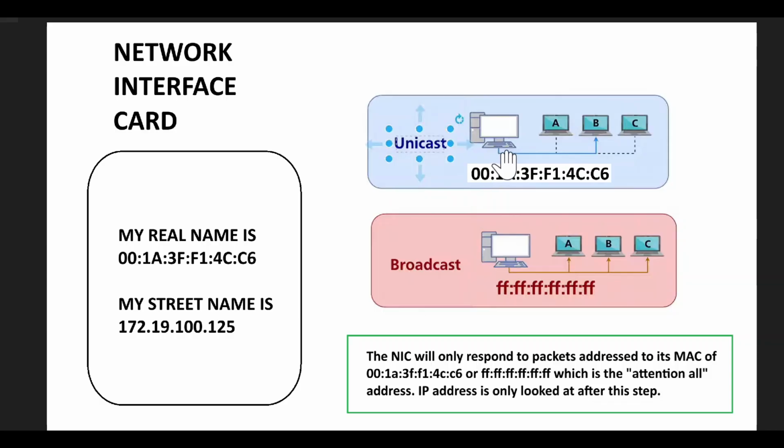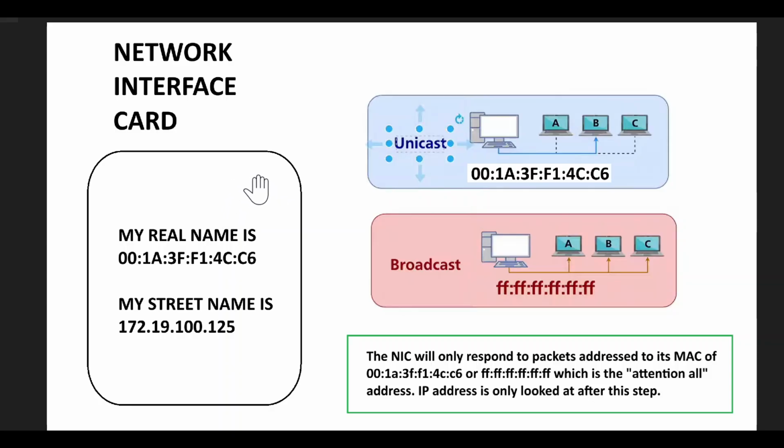And we call that a unicast because it's going in one direction specifically toward that particular NIC. The other thing that it pays attention to are any incoming packets that start with all Fs. It's kind of a mandatory attention all type signal that it will listen to every time as well.